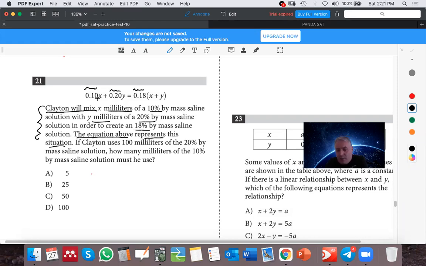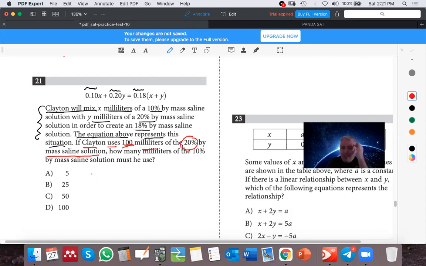I mean, just this equation also tells me there is something X that you multiply by 0.10, and something Y that you multiply by 0.20. That means 10%, that means 20%, and you are adding them. Anyway, if Clayton uses, here be careful, 100 milliliters of 20% by mass saline solution.